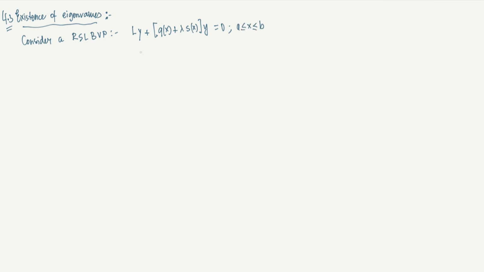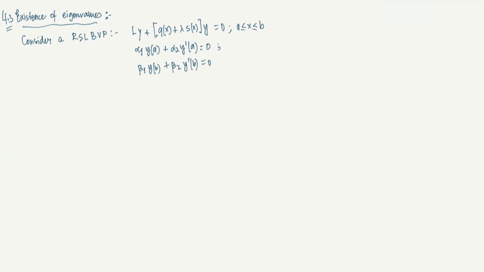And the boundary conditions: alpha 1 times y at the point a plus alpha 2 times y prime at the point a equals 0, and beta 1 times y at the point b plus beta 2 times y prime at the point b equals 0.